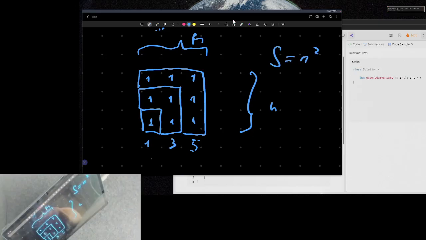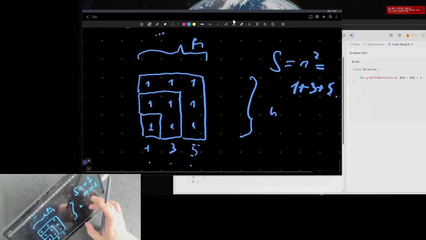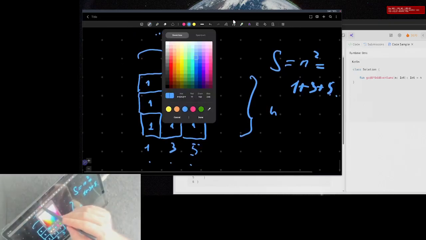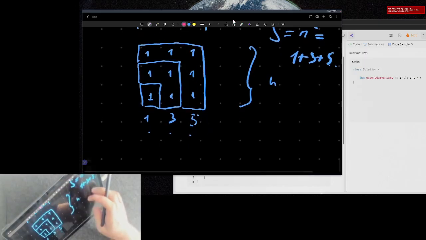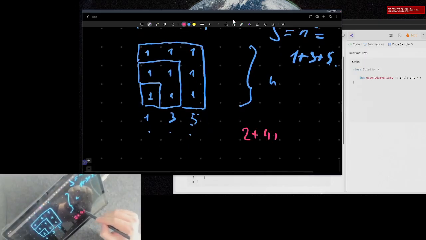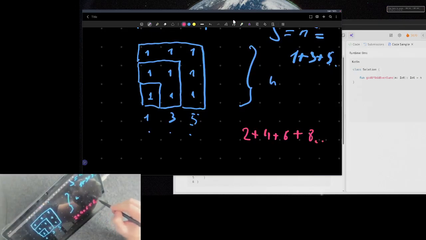Basically this is the sum of these numbers, 1 plus 3 plus 5 and so on. Okay, this is the geometry proof, but what about the other sequence, like 2 plus 4 plus 6 plus 8 and so on?